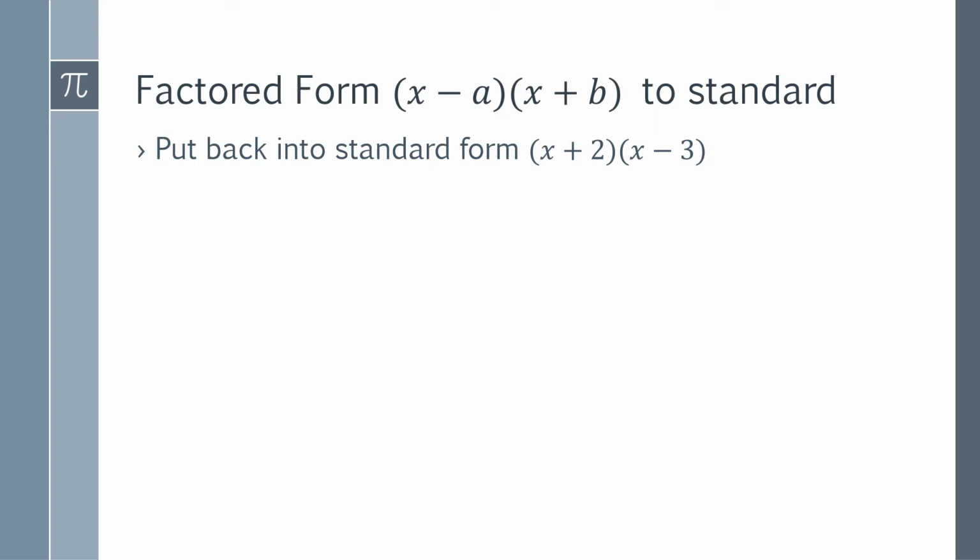Now, in factor form, we got to go back to standard form. So from factors to standard, we got to go back that way. And to do that, we have to use our technique called the foiling method. So let me help you out. Let me do this multicolor. I think that's going to help us out a lot.